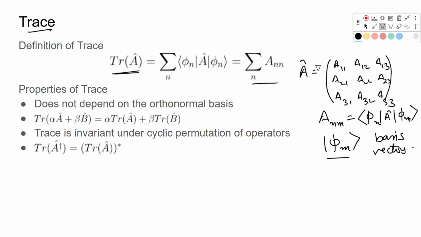So if we represent the operator A as a square matrix in this basis vector set, then the trace of A is the sum of the diagonal elements of this matrix.